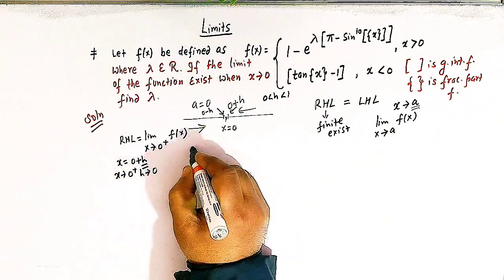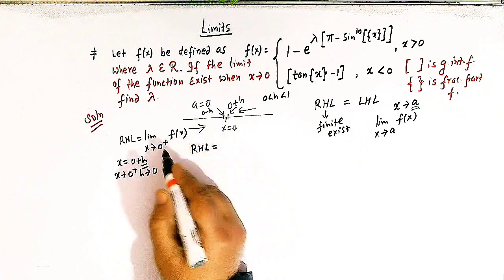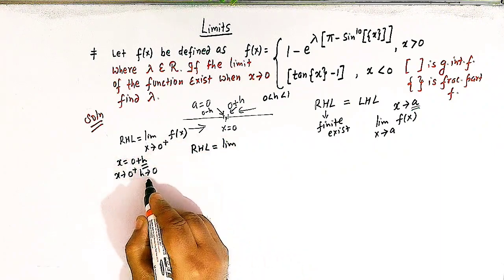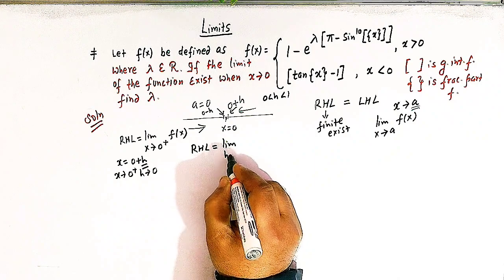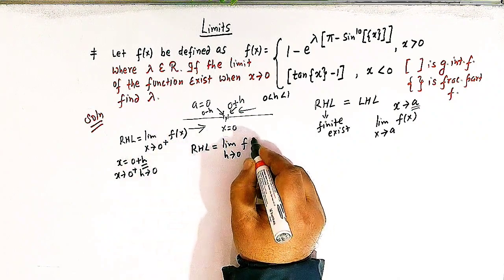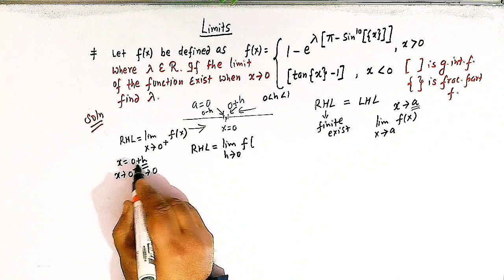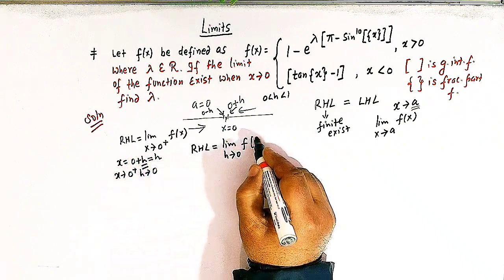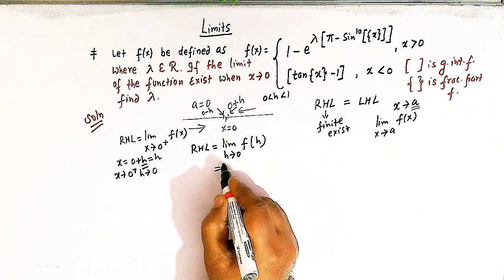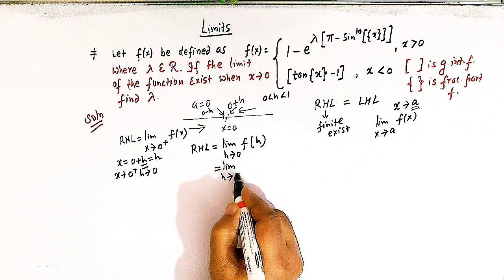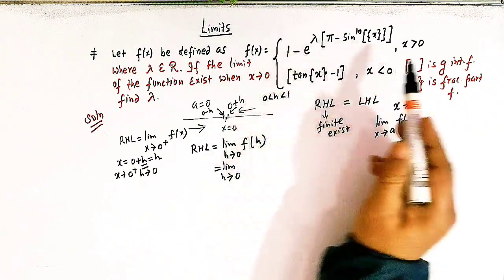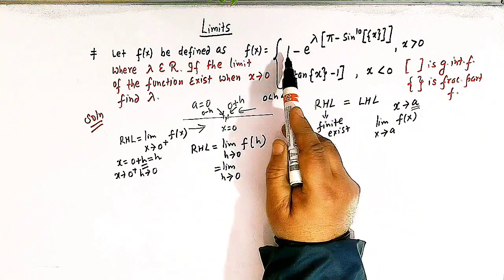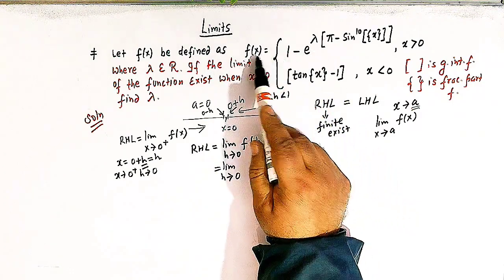So now the right hand limit can be expressed in terms of h. Here x tends to 0 can be replaced by h tends to 0, and here we have f of x. So x is 0 plus h, that is h, so here we have f of h. Now f of h can be written with the help of this expression, because here x is greater than 0, and when we find the right hand limit, we utilize this expression for f of x.